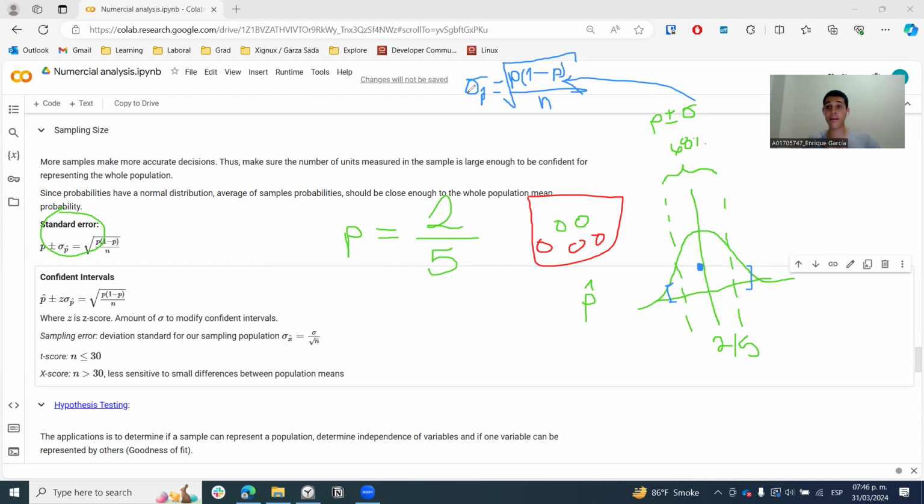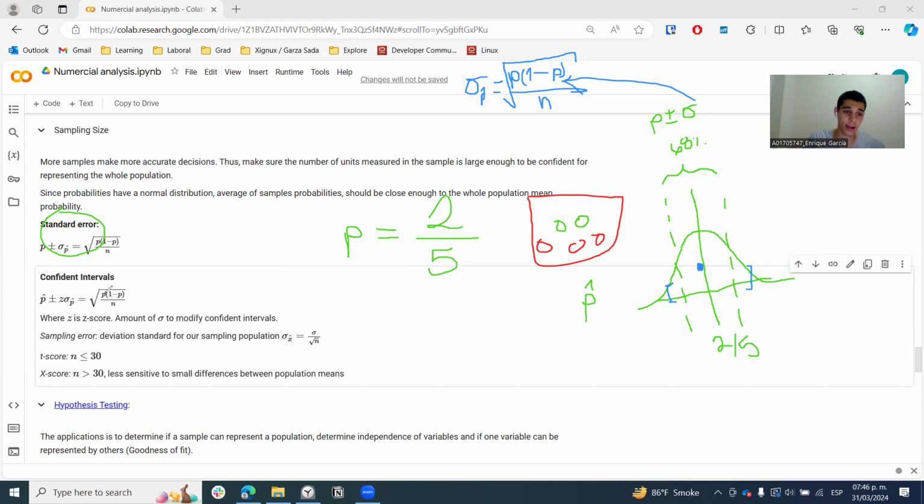And if we have a smaller amount of population, that will make our confidence intervals go further away. This is an inverse relation between both of those variables.